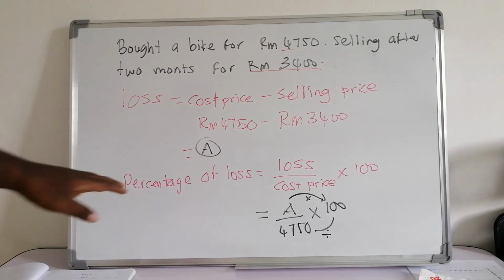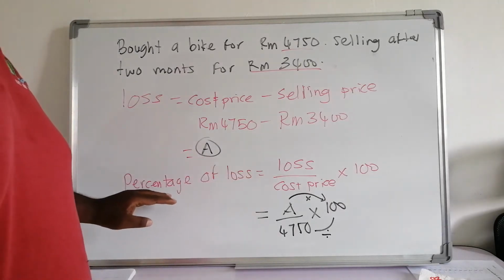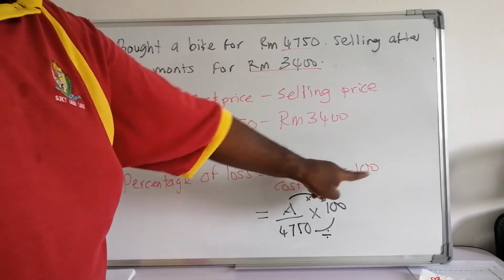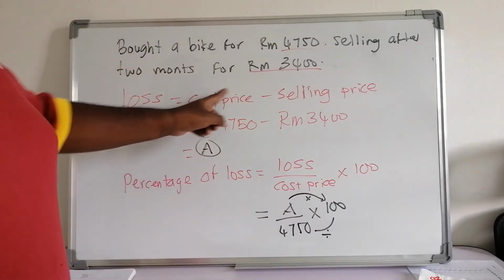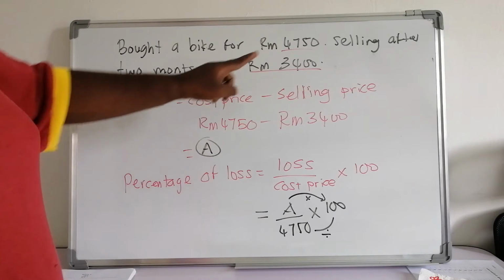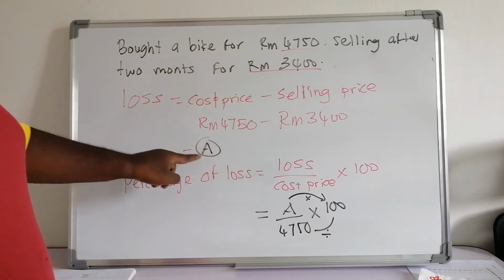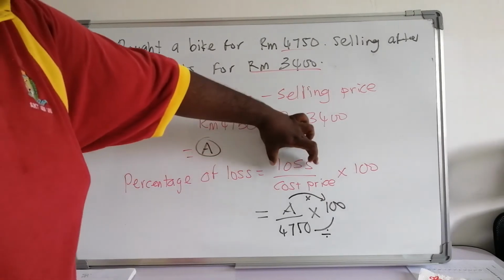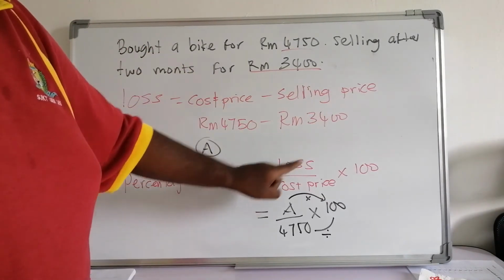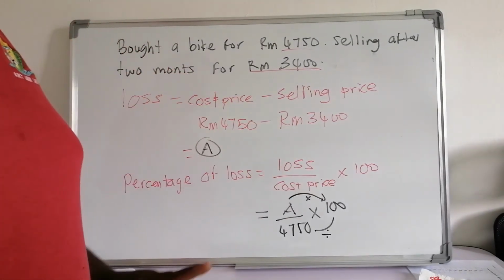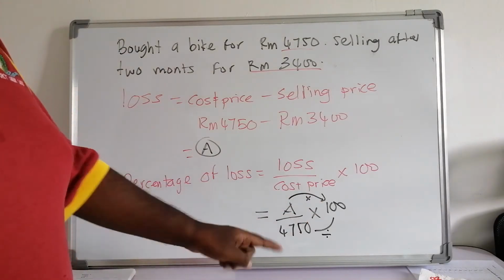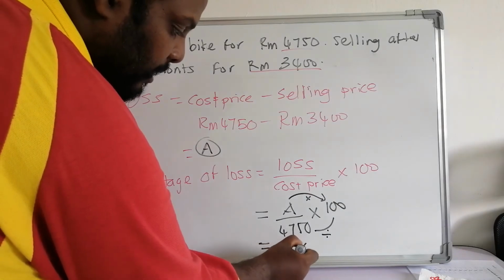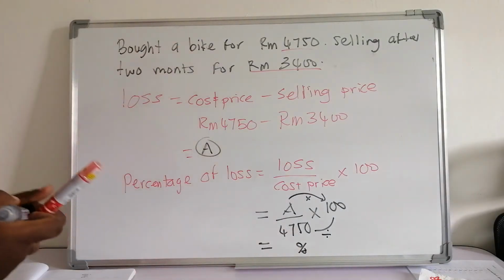This is the formula for finding the percentage of loss: loss divided by cost price times 100. When you get the answer, it is equal to the loss. Then we take this answer and put it at the loss, divide by cost price and times by 100, and you get the percentage. The answer must be written in percentage.